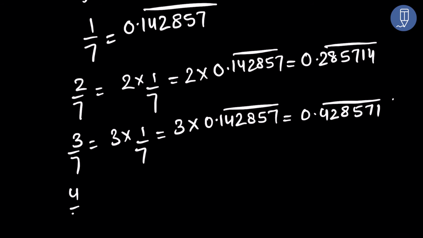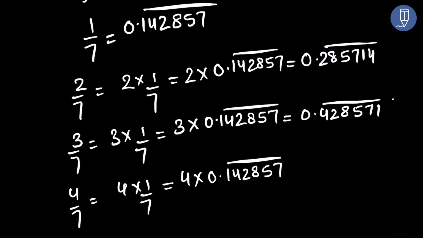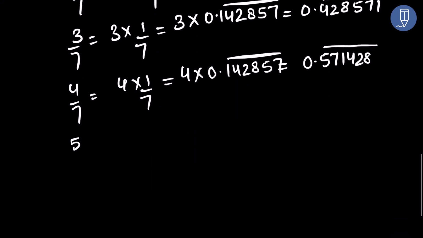Now 4 by 7 means 4 multiplied by 1 by 7, which is 4 into 0.142857 bar. This means 0.571428 bar.